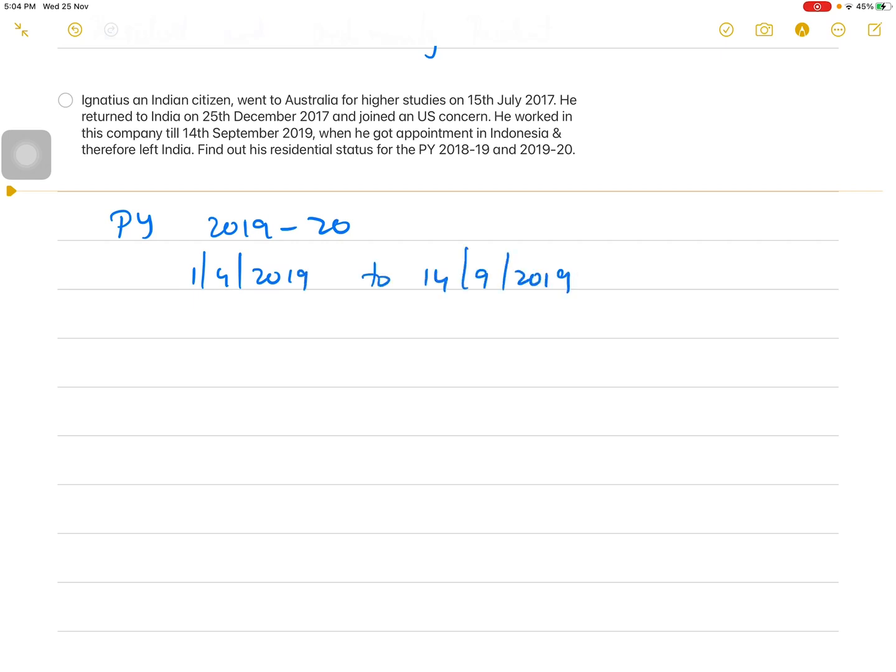Since he is going out of India for employment purpose, the second basic condition is irrelevant for him. We will check the first basic condition. If he satisfies it, then he is resident. If he does not satisfy it, then he is non-resident.